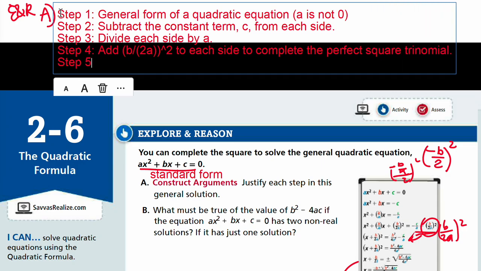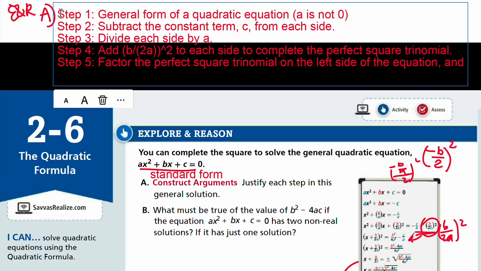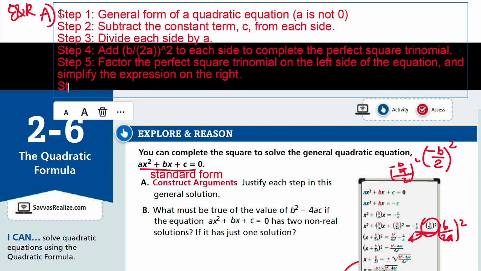And then step 5, we factored the perfect square trinomial on the left side of the equation and simplified the expression on the right. And then step 6, we found a common denominator and we added fractions.